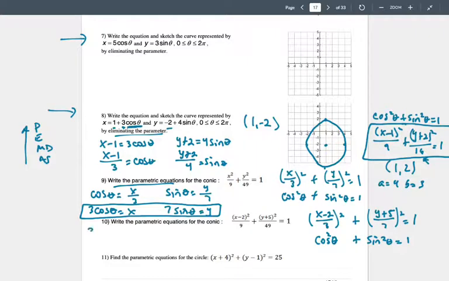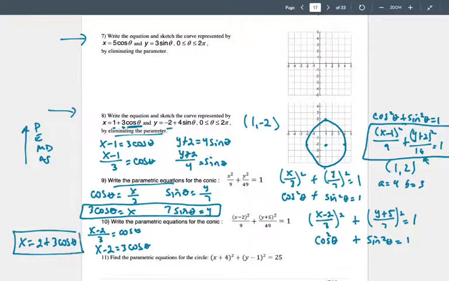So x minus 2 over 3 equals cosine theta. So we're going to multiply by 3 first. So x minus 2 equals 3 cosine theta, which means that x equals 2 plus 3 cosine theta. So that's one of our parametric equations.